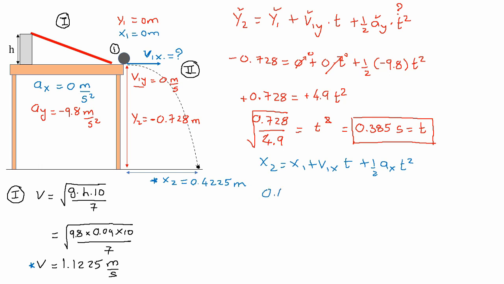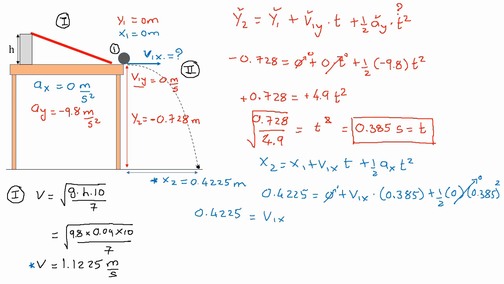x2 is 0.4225, x1 is 0, v1x we are trying to calculate, time we know, plus 1/2, ax is 0, and time we know. So this term zeroes out, there is 0 in the beginning, so what do we have? 0.4225 equals v1x times 0.385.